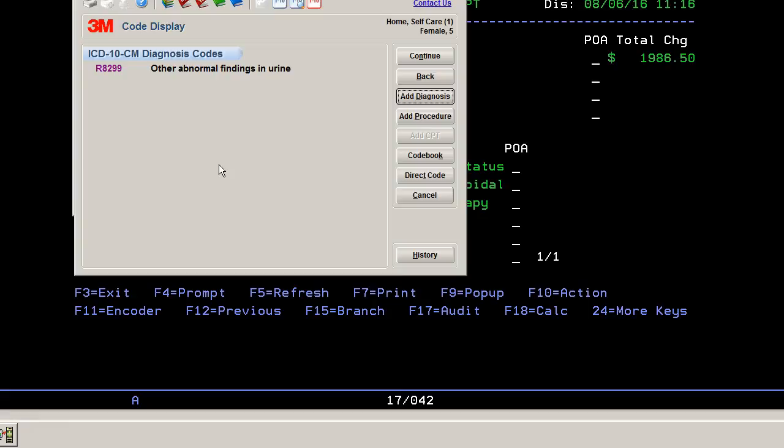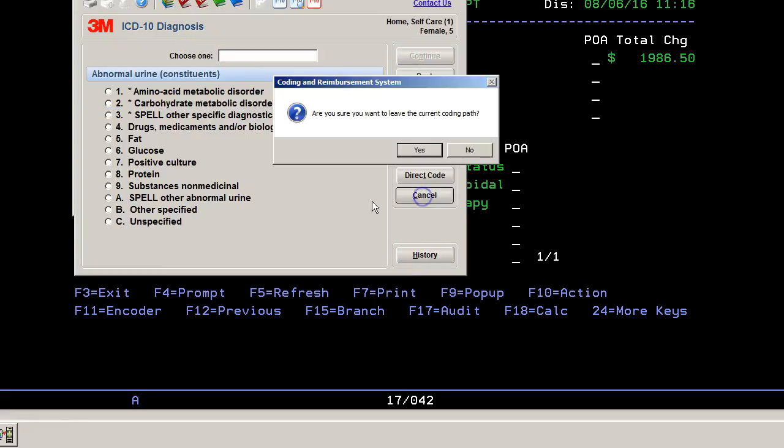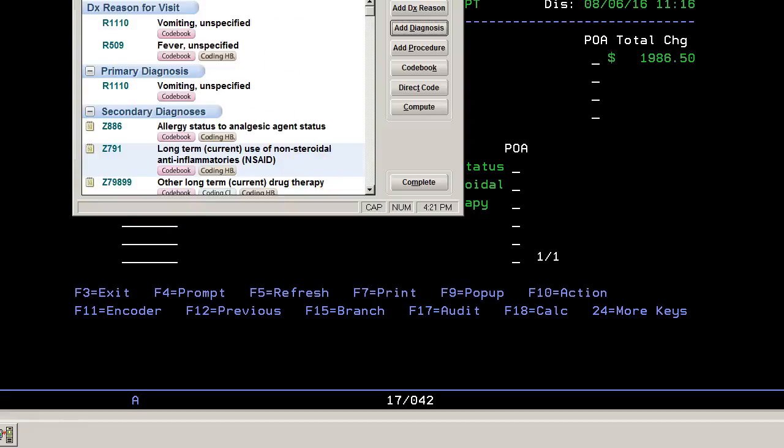R8299. Okay. And this is also just a sign and symptom of another issue. Most sign and symptom codes begin with an R, just so you know. And back and cancel. I'm actually going to just document that in my findings. I'm not going to add the coding in the system for the patient.